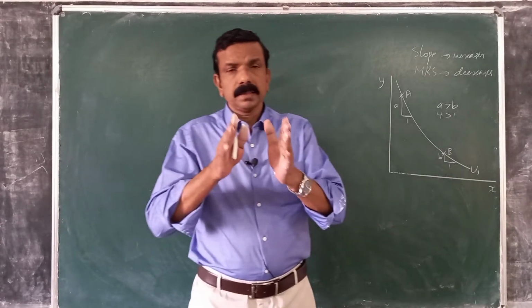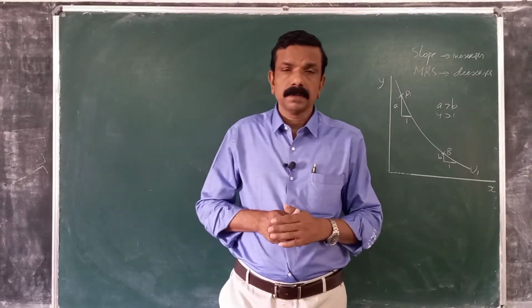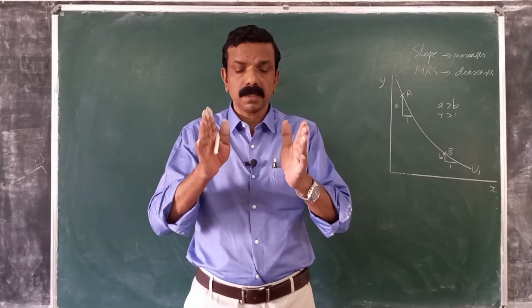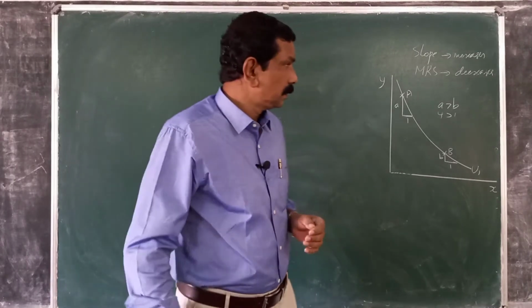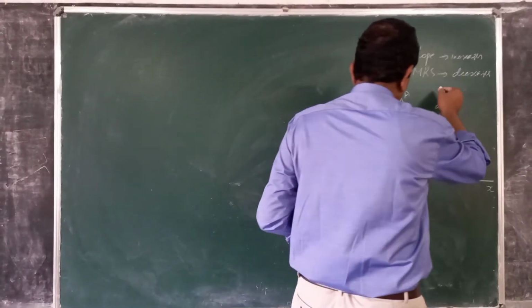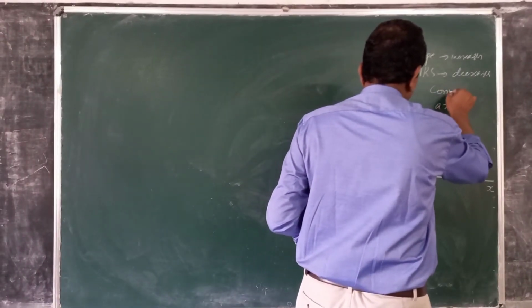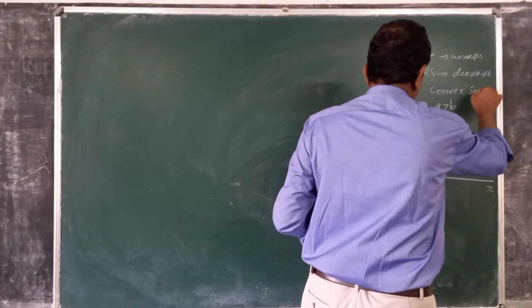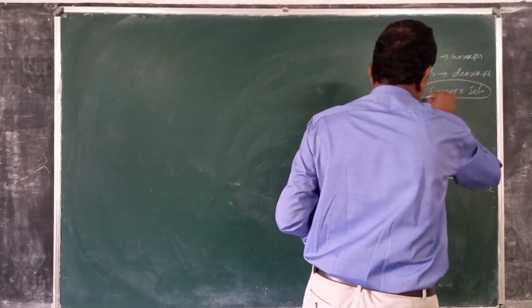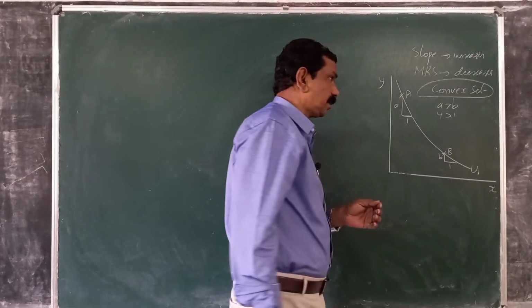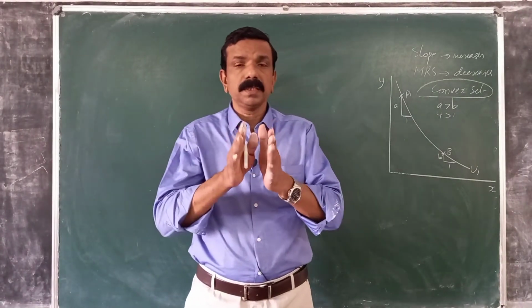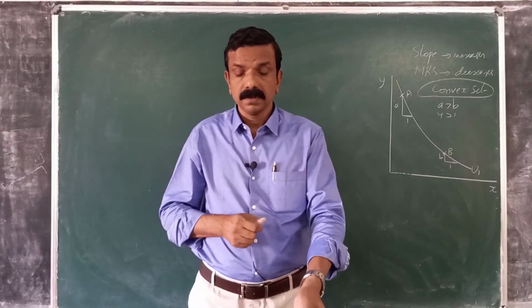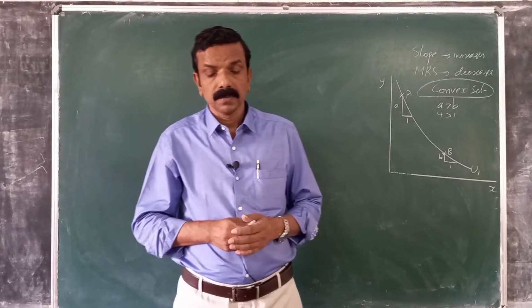An alternative way of stating the principle of diminishing marginal rate of substitution is to use the mathematical notion of a convex set. We use the notion of a convex set to denote diminishing marginal rate of substitution.